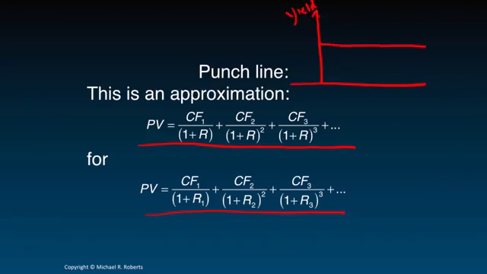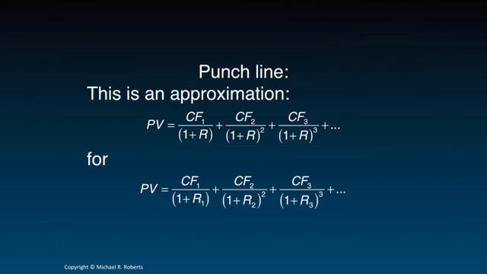When the yield curve is flat, R1, R2, R3 are the same, so these two things would be equal. The problem is when the yield curve is, say, upward sloping severely or even downward sloping. Now there's going to be a pretty big difference from using some sort of average discount rate R as a proxy for all of the different spot rates.